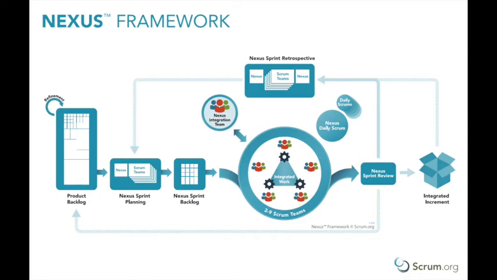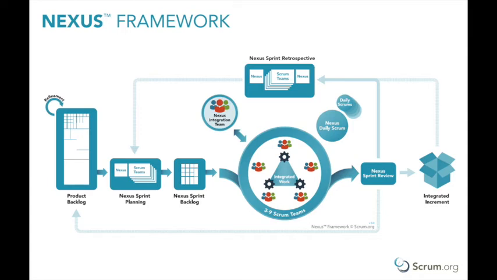Nexus Daily Scrum. The Nexus Daily Scrum is an event for appropriate representatives from individual development teams to inspect the current state of the integrated increment and to identify integration issues or newly discovered cross-team dependencies or cross-team impacts.